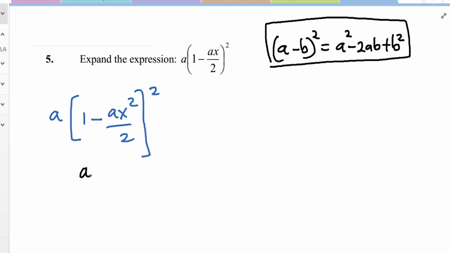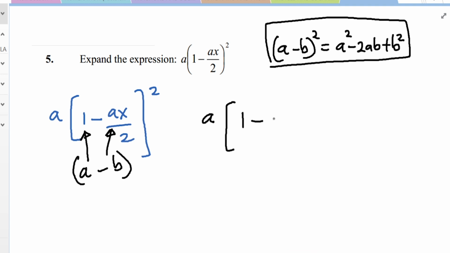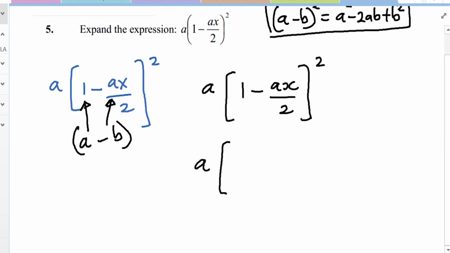This is our value of A. When we look at A minus B, this is our value of A, that is our value of B. And so we are going to expand it. So when we say A into 1 minus ax over 2 squared, then we're going to start expanding that using our identity.